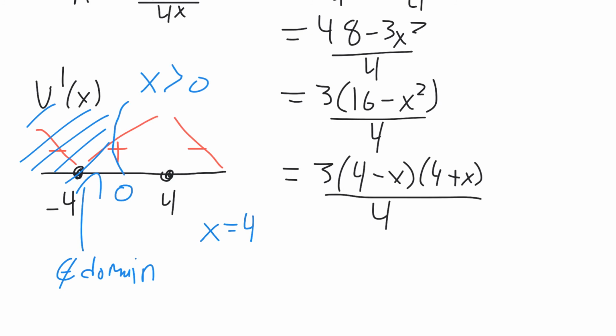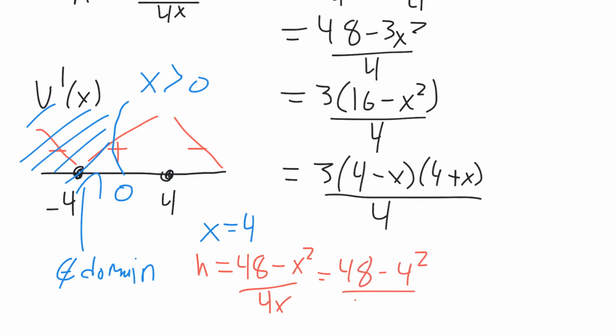So we need to remember that h is equal to (48 minus x squared) over 4x, which will be (48 minus 4 squared) over 4 times 4. So we have (48 minus 16) over 16. So that will give us 32 over 16, which is 2.